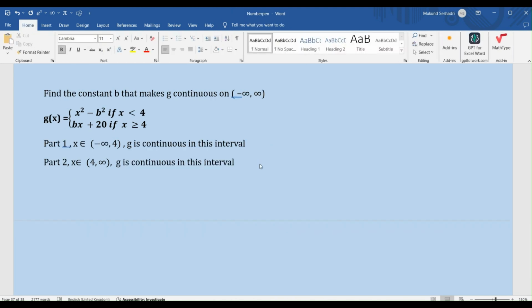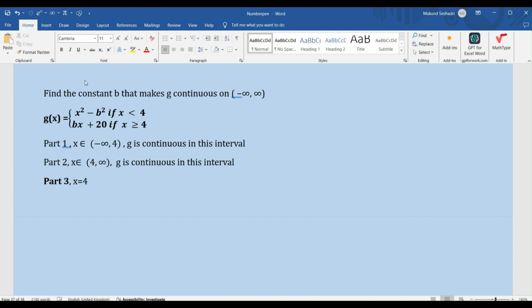So what are we left with now? We are left with examining the continuity at x equal to 4, right? And for this function to be continuous at x equal to 4, we notice that the function g undergoes a transformation as we move through 4, right? So for values which are less than 4, we have x squared minus b squared.